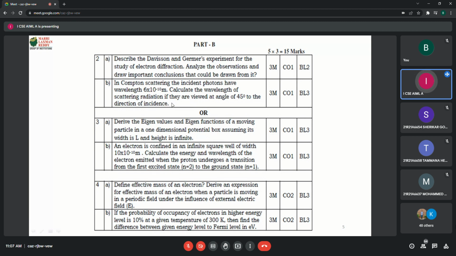And here you see, as many times as I told you, equal importance is given to the problems also. If you have attempted this and this, then the second question is over. Now here the Compton effect is taken as the concept to frame the problem. Like this, instead of 6, maybe 5, such problems can be expected.